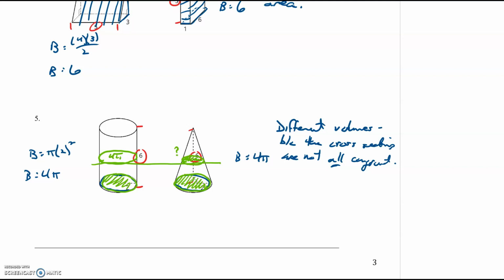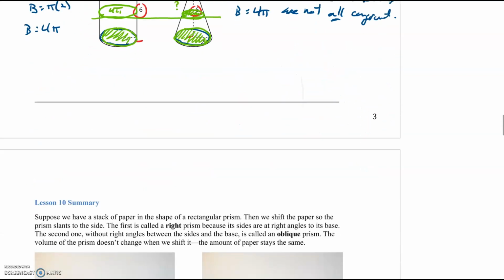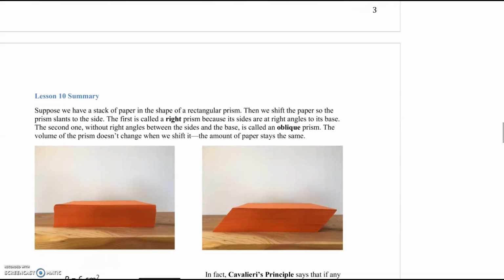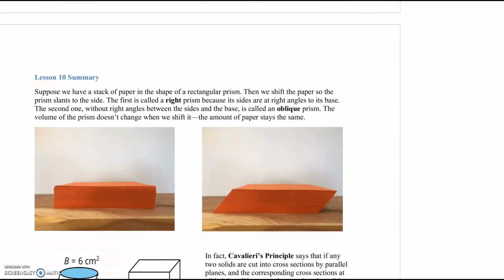Now, I said at the beginning that this was going to point out a very important idea behind volumes, and that idea is written up very nicely in the summary. So we're going to scroll down here and take a look at the summary. Here we have a stack of paper, rectangular prisms. We shift one stack and make it oblique.